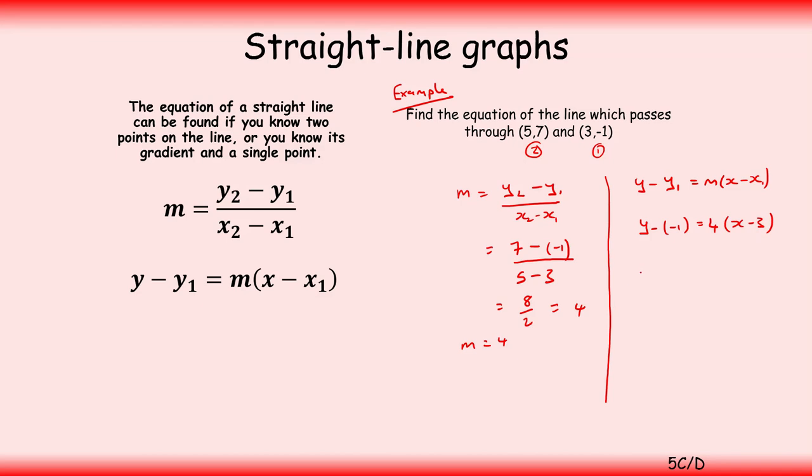Expand and simplify, so you get y plus 1 is equal to 4x minus 12, and in the form which we're used to, that gives us y is equal to 4x minus 12 minus 1 equals 4x minus 13.